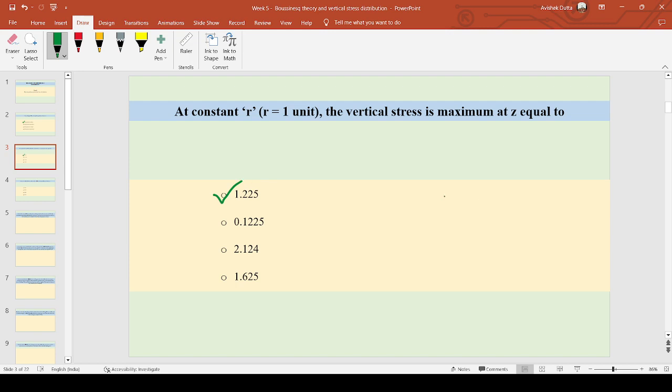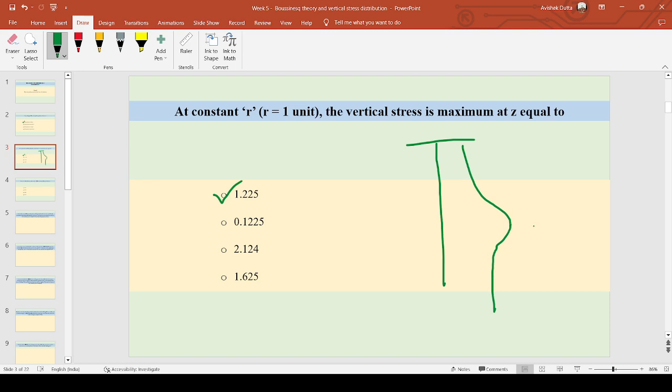If this is the soil surface and this is the vertical line showing the depth, then the pressure will go like this, and then like this.